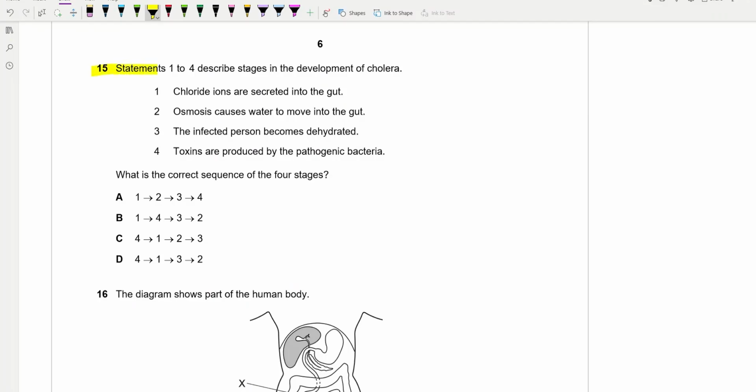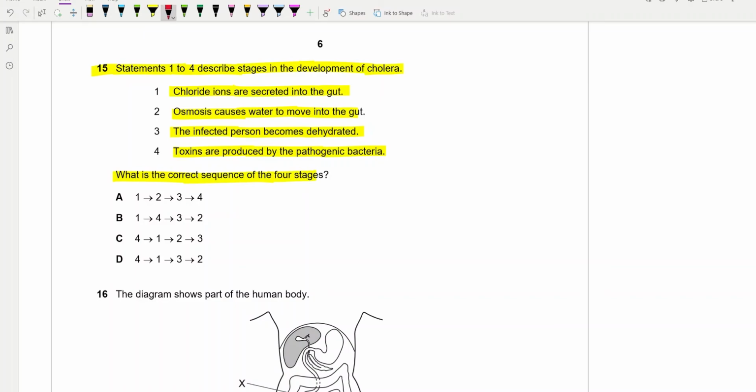Question number 15. Statements 1 to 4 describe stages in the development of cholera. Number 1. Chloride ions are secreted into the gut. Number 2. Osmosis causes water to move into the gut. Number 3. The infected person becomes dehydrated. Number 4. Toxins are produced by the pathogenic bacteria. What is the correct sequence of the 4 stages?